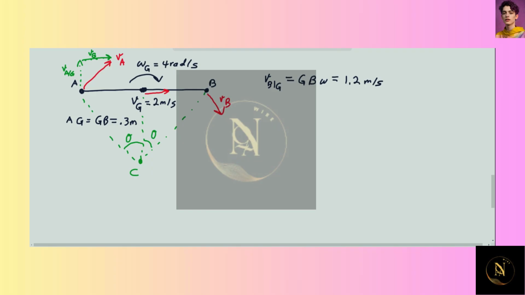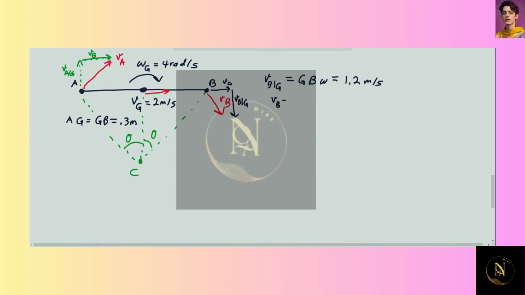We can find the absolute velocity of B fairly simply by looking at a Pythagorean theorem, where we take VG and V of B given G, add them together squared, and that should equal VB squared.